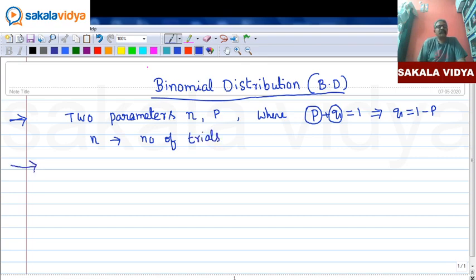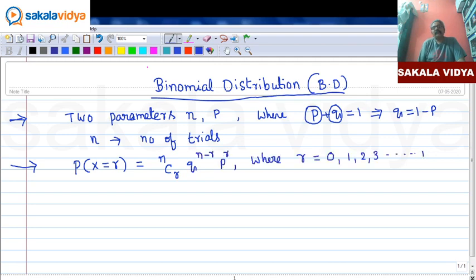In binomial distribution the probability is given like this: P of x equal to r, that means probability of getting r successes, is given by nCr q to the power of n minus r and p to the power of r, because they are countable, that is discrete. Suppose you substitute r as 0, P of x equal to 0, we get nC0 q to the power of n p power 0.